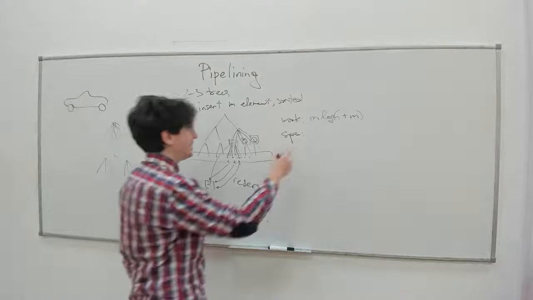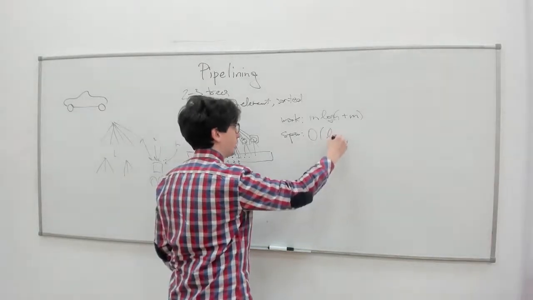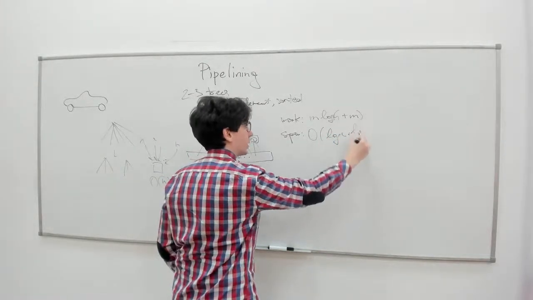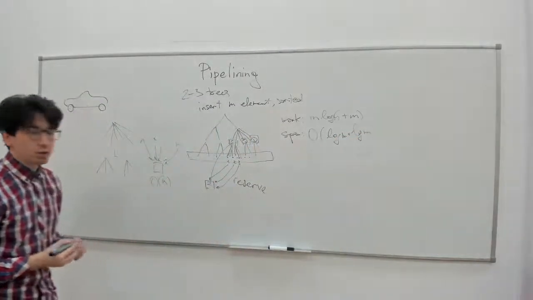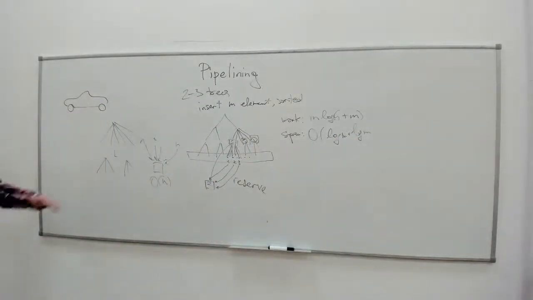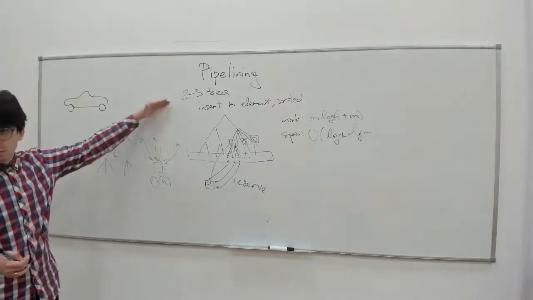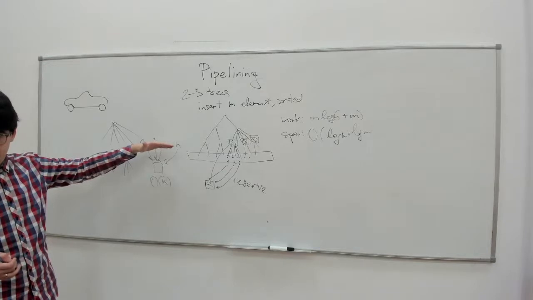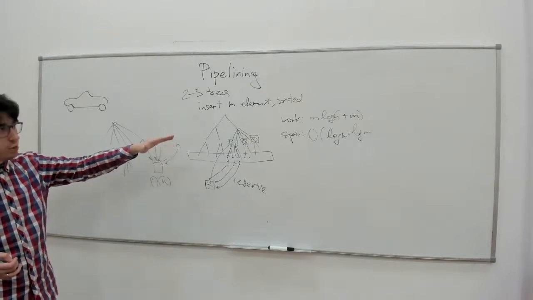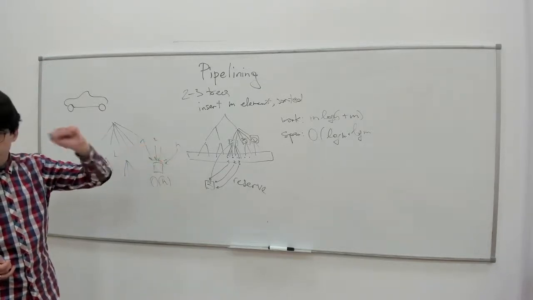The simplest estimate is log n times log m, because you have log n levels, and in each you have a parallel for. That will give us log n times log m.